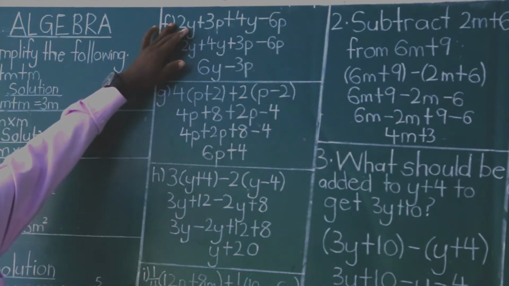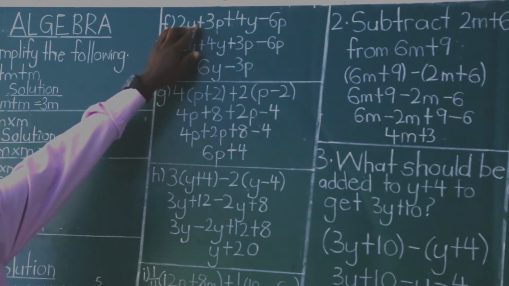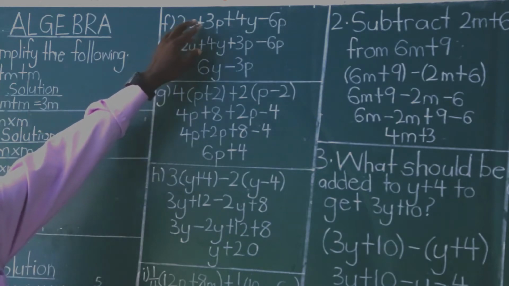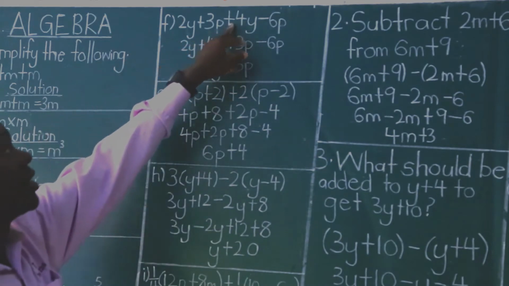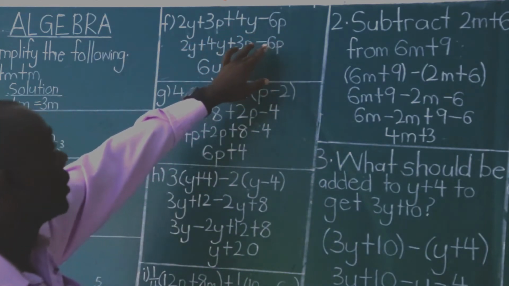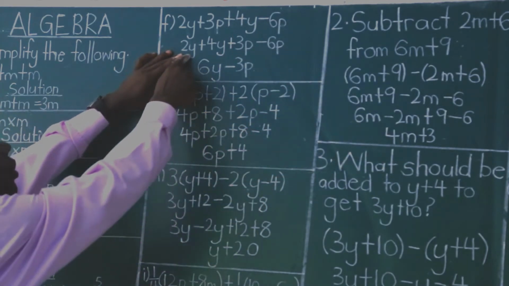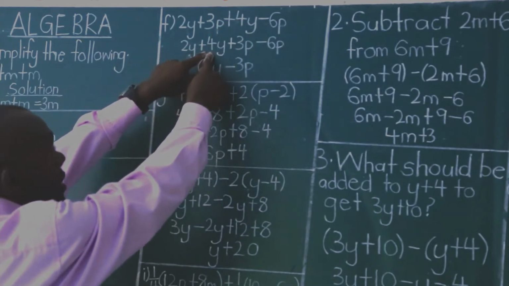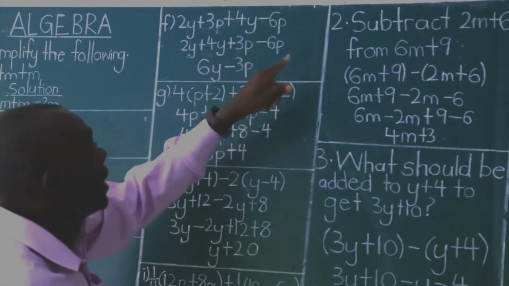And remember, when one is collecting like terms, one maintains the plus or the minus that is leading that particular number. This is plus 3p, it must remain plus 3p as you are collecting like terms. This is plus 4y, it must remain so, as well as the minus 6p. So we say 2y plus 4y, and then plus 3p, and then finally minus 6p.